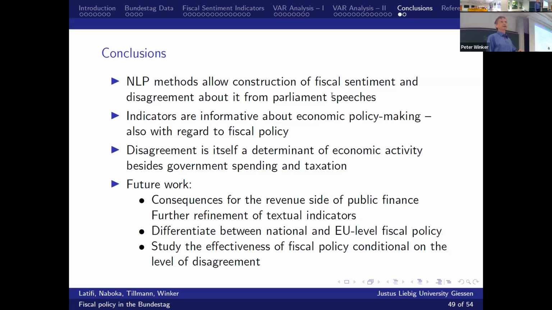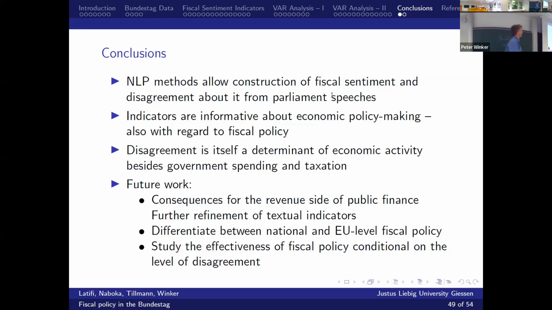There's monetary policy, where we have a lot of papers in the last few years, but nobody seems to have done it with fiscal policy so far. And disagreement has real effects. Of course, it was very good timing that we had just finished the paper when the most disharmonic government broke up.